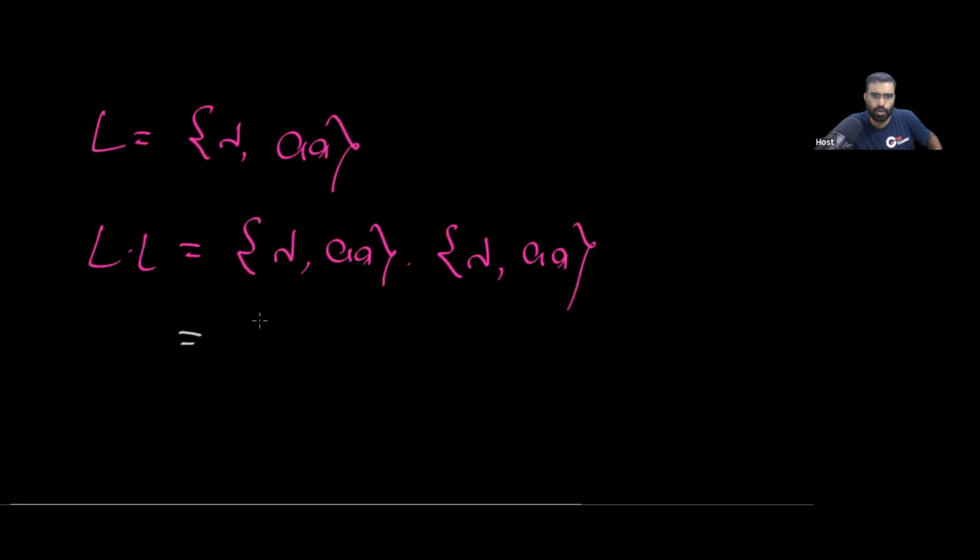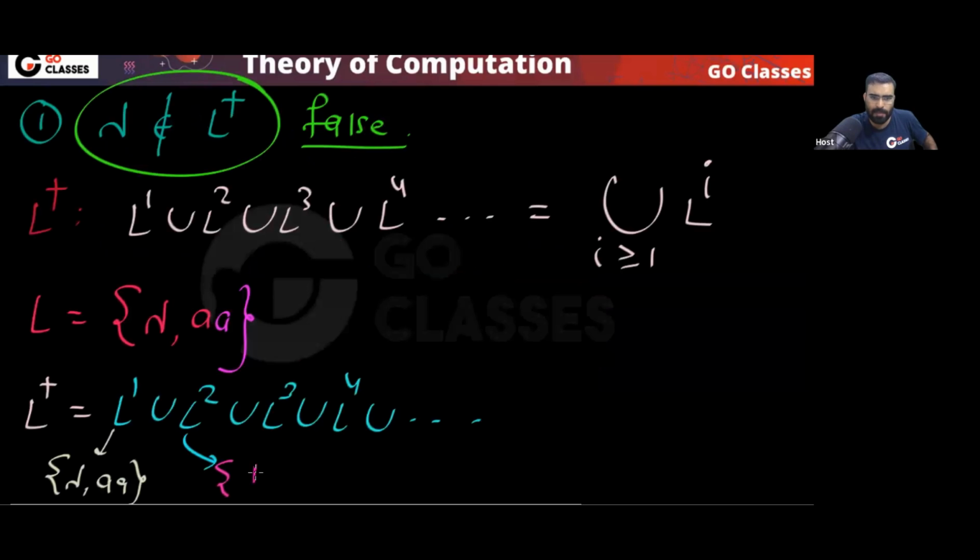If you do the concatenation, lambda will come, double a will come, double a will come again, which is already here, and a power 4 will come. So your L power 2 is lambda, a square, a power 4.